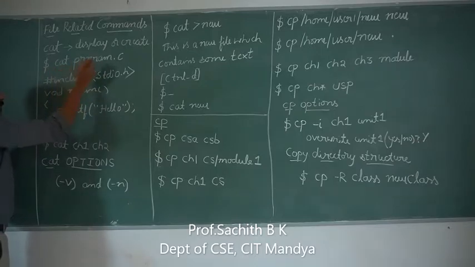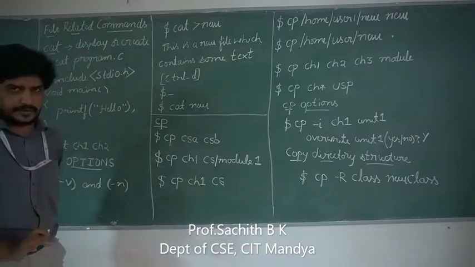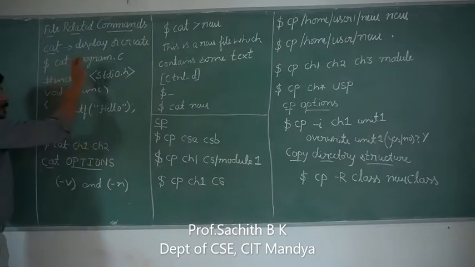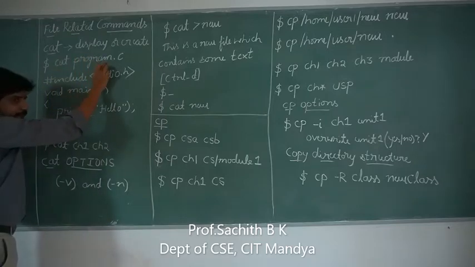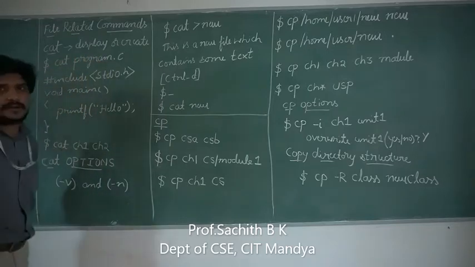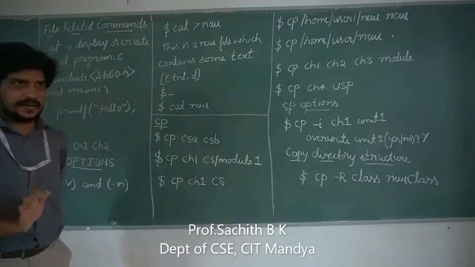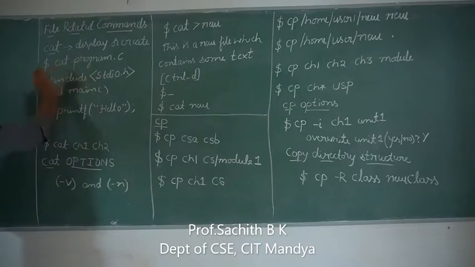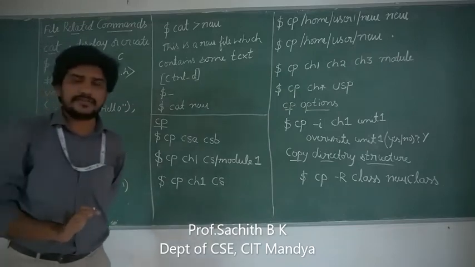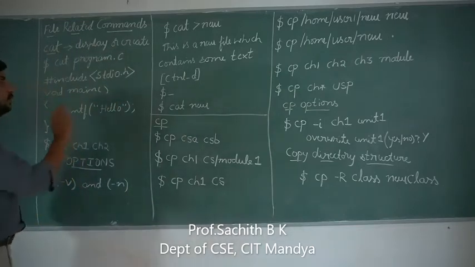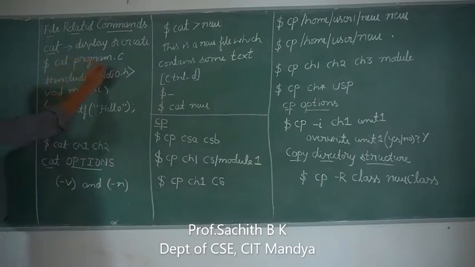That means there already exists a file named program.c. You are trying to display the contents of this file with the help of the cat command. Once I give this command along with the file name, it will display the entire contents of program.c.